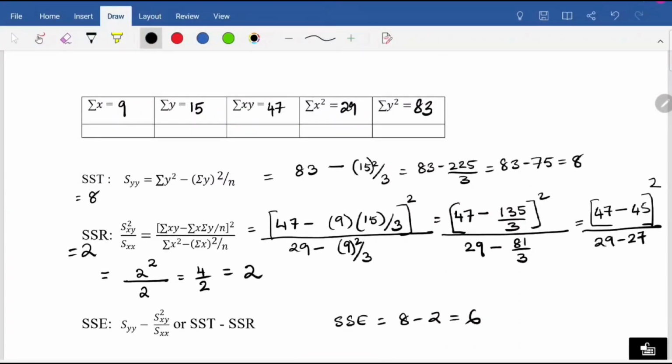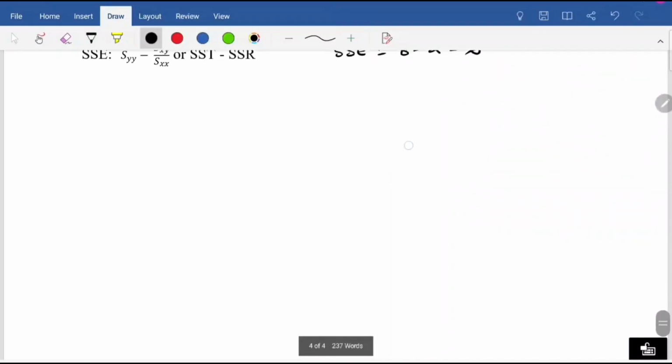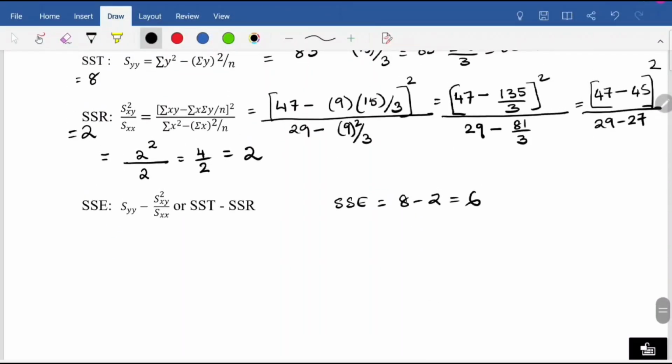We just found the three sums of squares. So R squared is going to be SSR over SST. SSR is 2, SST is 8, which gives us 0.25 for an answer, the same as we got using the defining formula. So that completes the worksheet on 14.3.